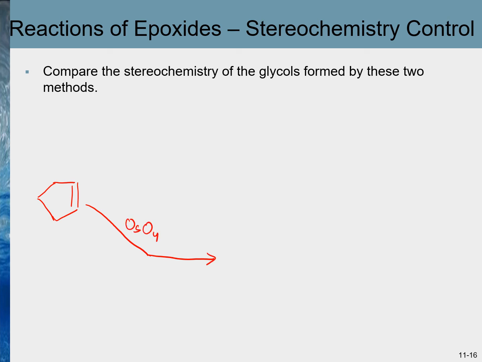This reaction takes place in the presence of a peroxide such as tertiary butyl peroxide, and the resulting diol is a syn addition product, or in other words, the diol which we obtain in this addition reaction is a cis diol.